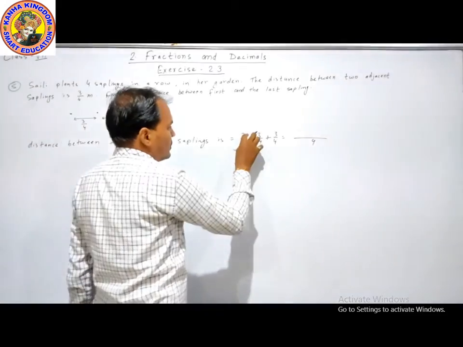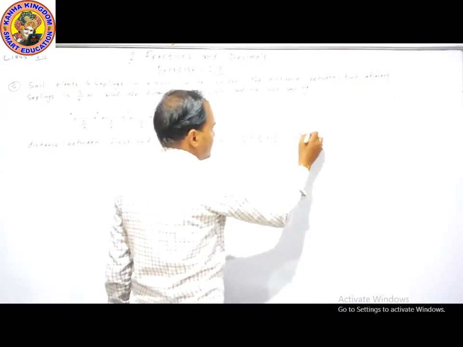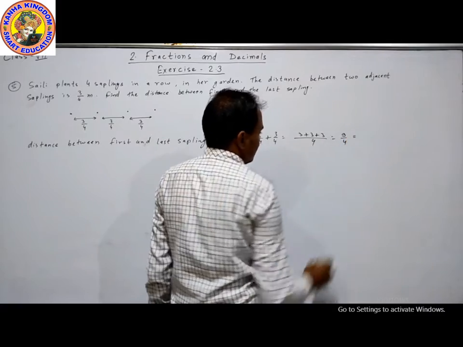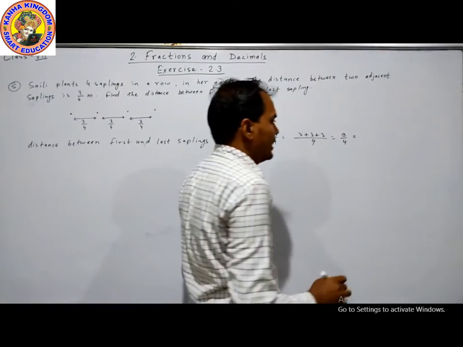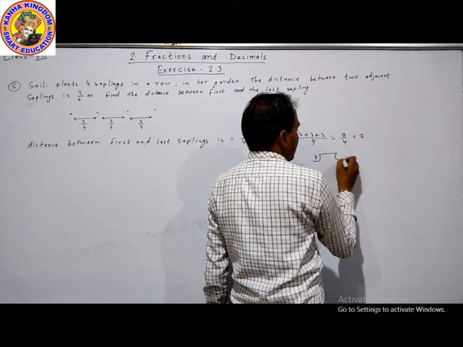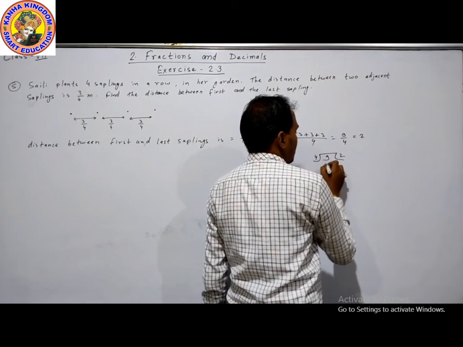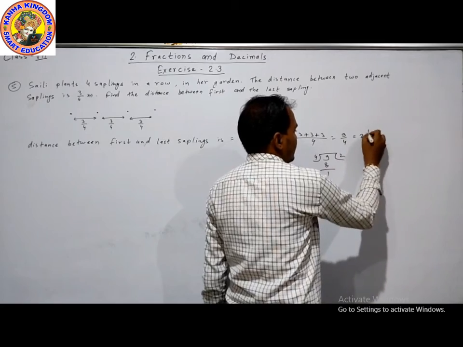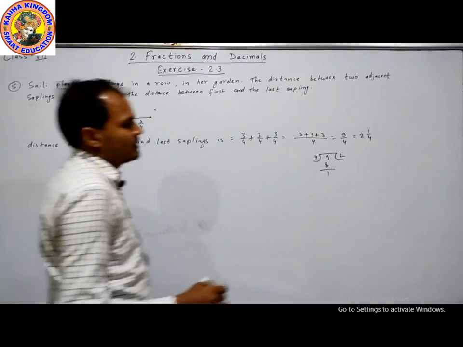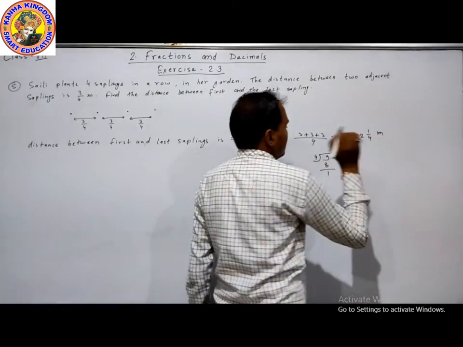Over 4, 3 plus 3 plus 3 is equal to 9 by 4. We can convert into a mixed fraction. 4 dividing 9, 2 times 8, remainder is 1, divided by 4. The final answer is 2 1 by 4 meter.